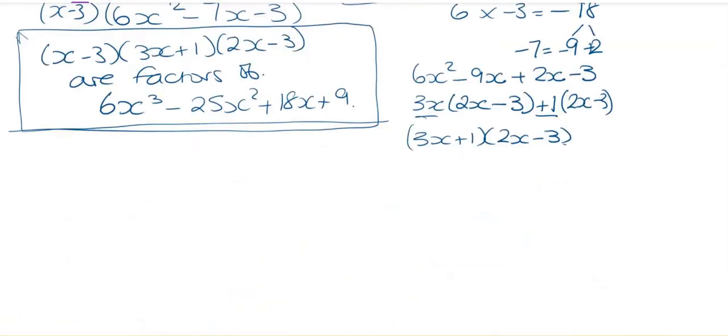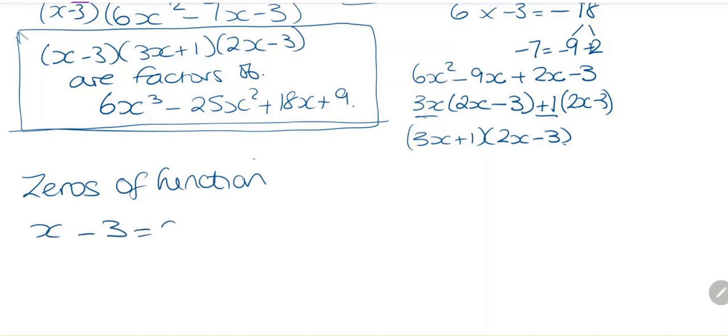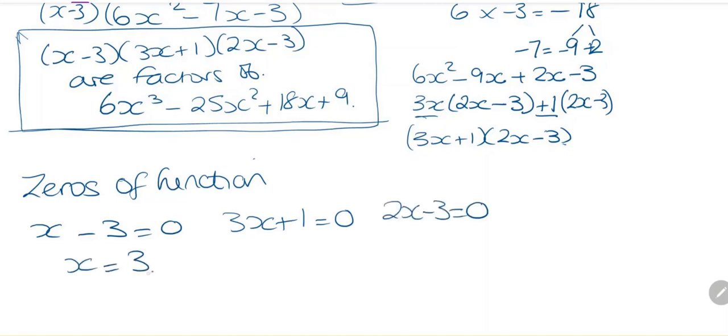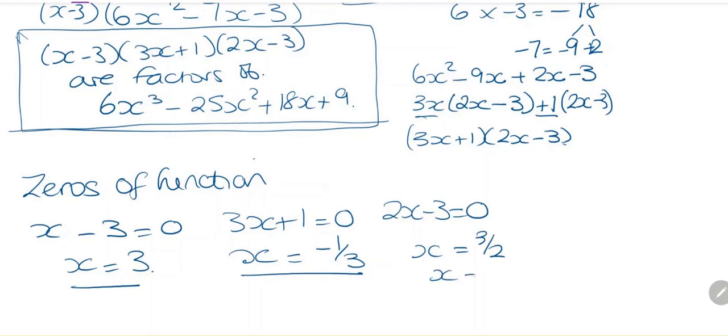So if you look at the zeros of the function, we've got x minus 3 is 0, 3x plus 1 is 0, and 2x minus 3 is 0. So x is equal to 3, x is equal to minus a third, and x is equal to 3 over 2, which is 1.5.